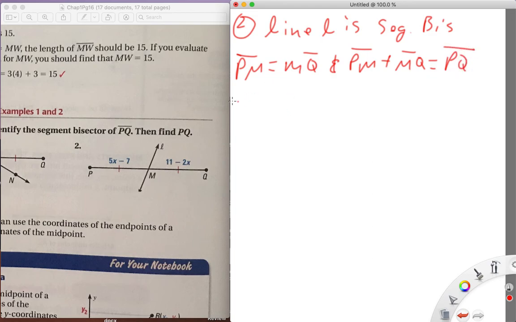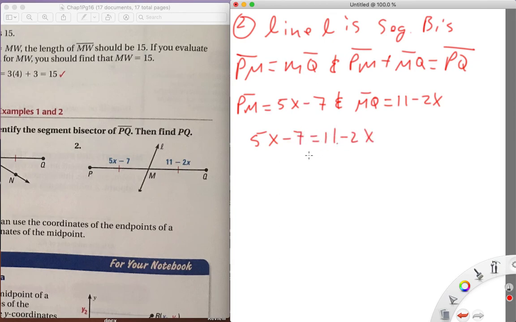PM is equal to 5x minus 7, and MQ is equal to 11 minus 2x. Then I can set these two equal to each other and say 5x minus 7 is equal to 11 minus 2x. And then solve.